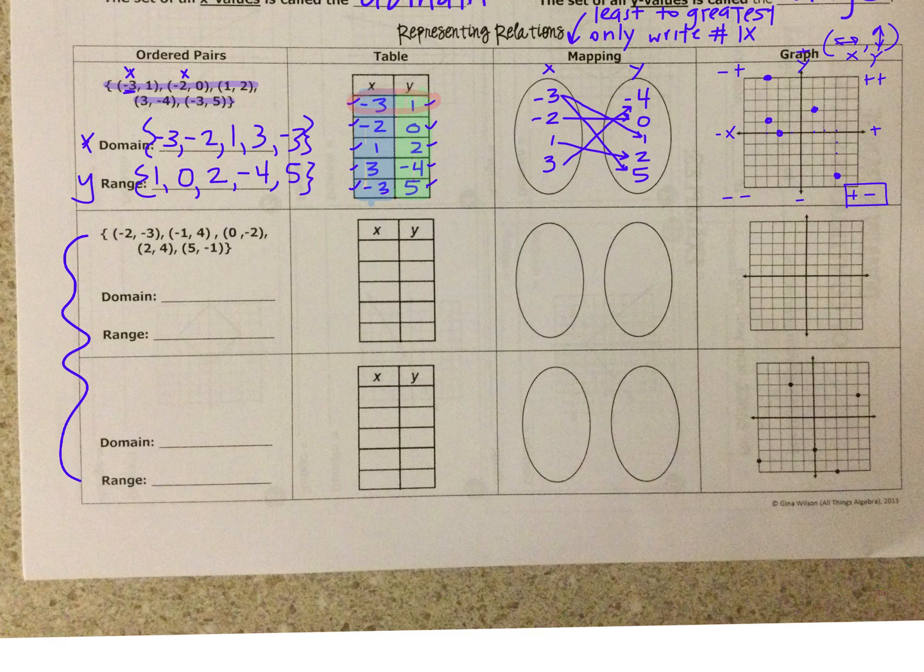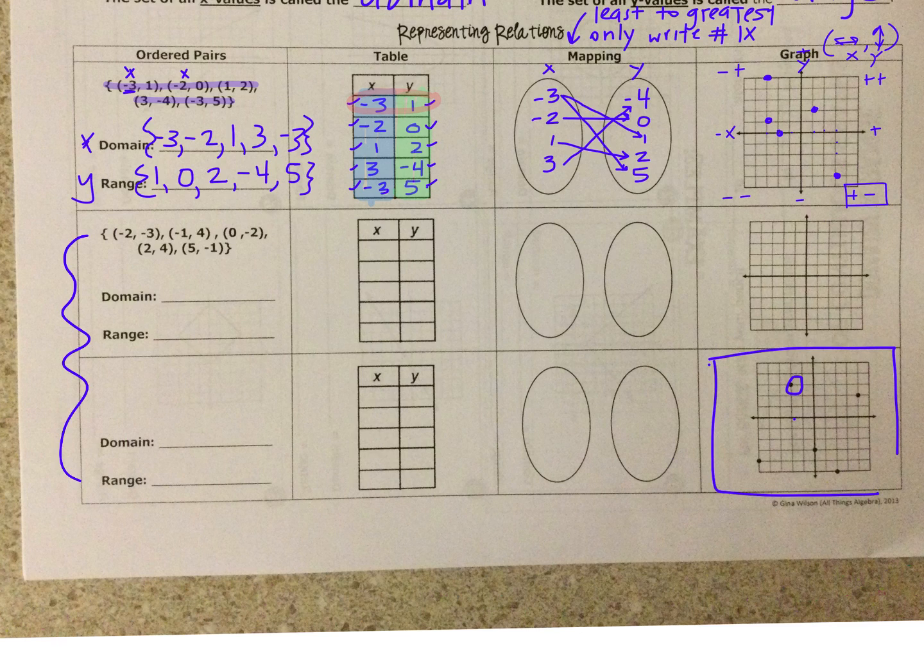When you're doing the bottom part, it doesn't list any coordinates. So what are you supposed to do? Well, you got to look over here at your graph. Right here. So let's figure out where this point is. 1, 2.